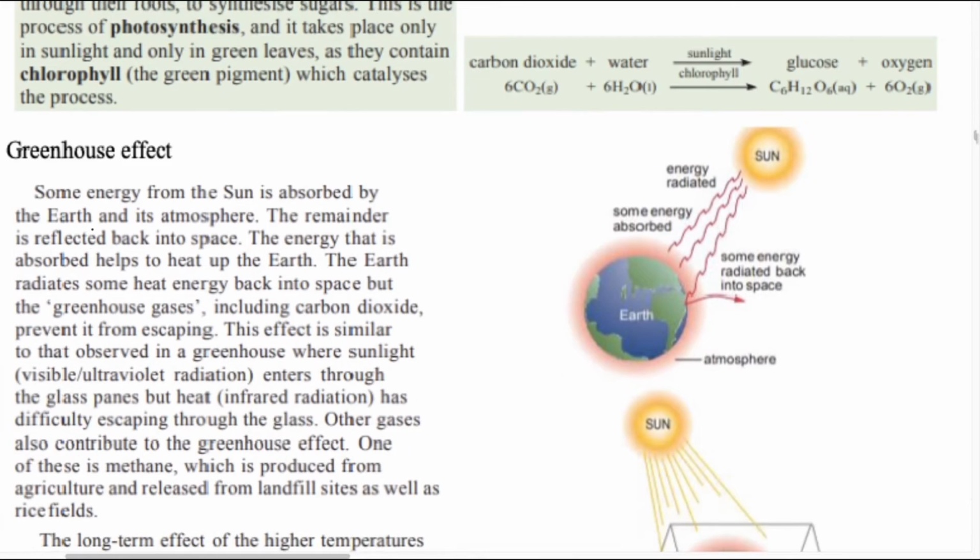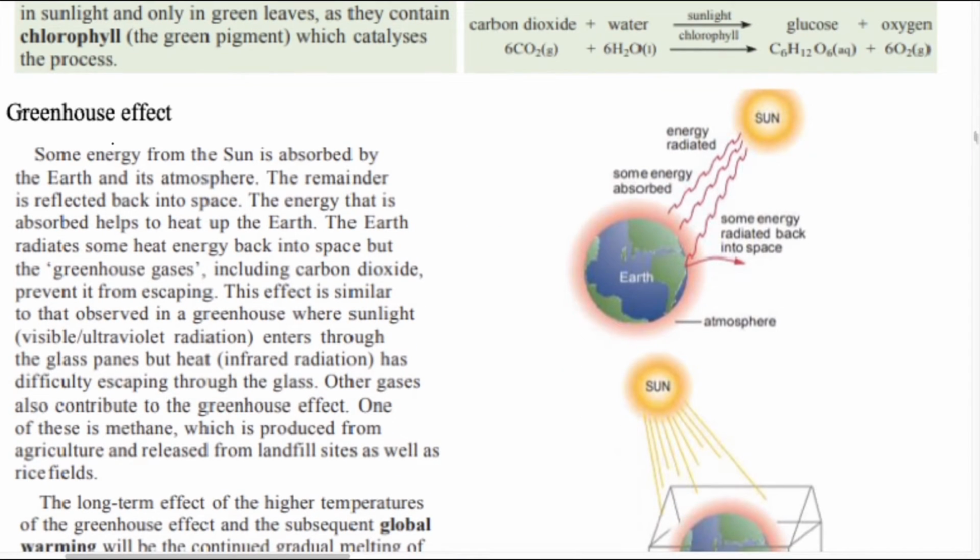Okay. Now, greenhouse effect. Some energy from the sun is absorbed by the Earth and its atmosphere. The remainder is reflected back into space. The energy that is absorbed helps to heat up the Earth. The Earth radiates some heat energy back into space, but the greenhouse gases, including carbon dioxide, prevent it from escaping.